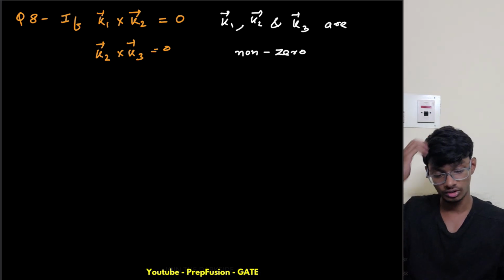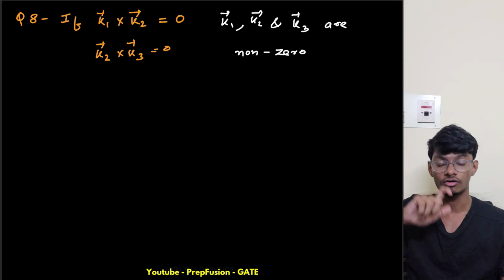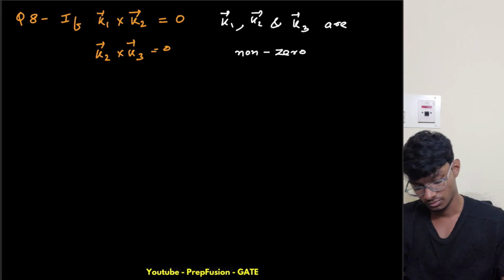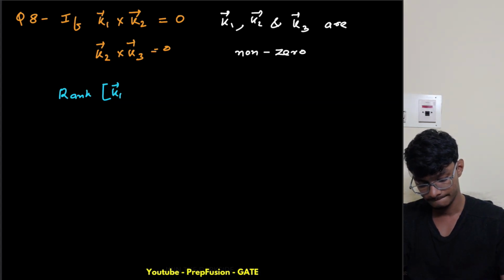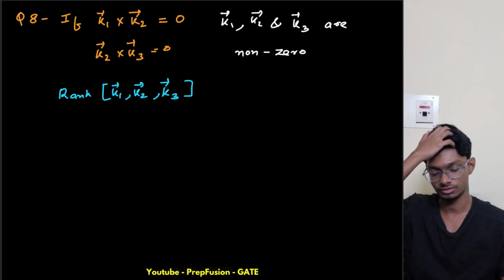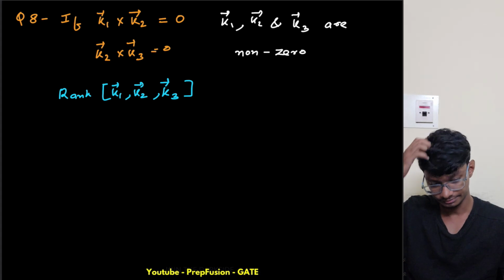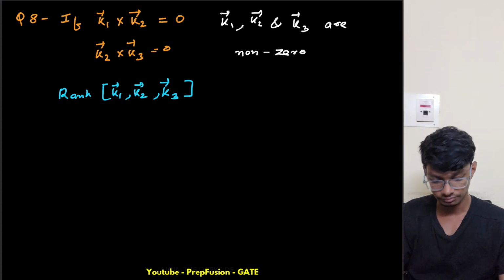They are not zero. So what will be the rank of k1, k2, k3? What will the rank be?